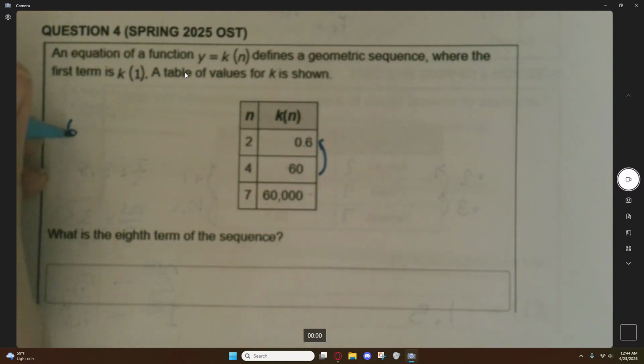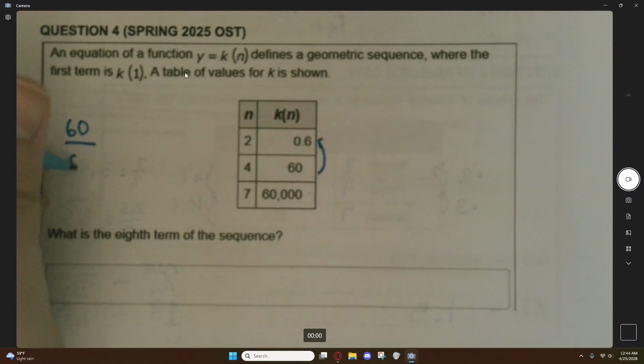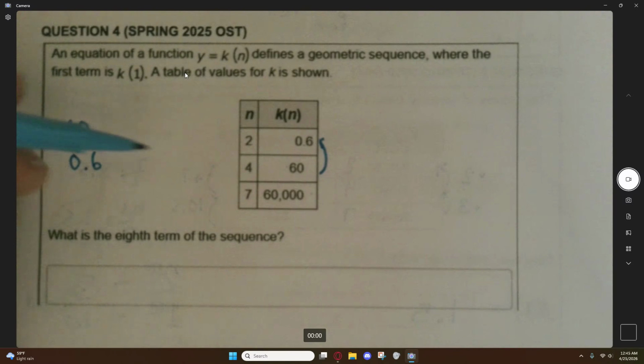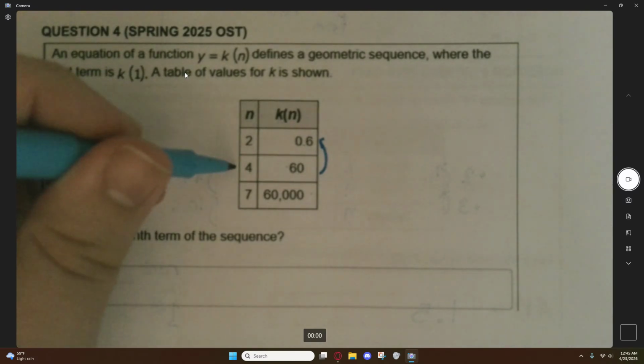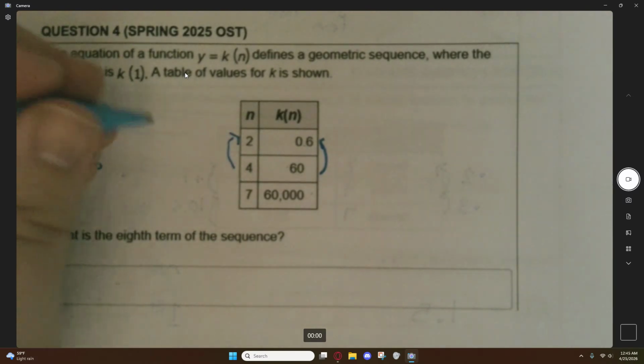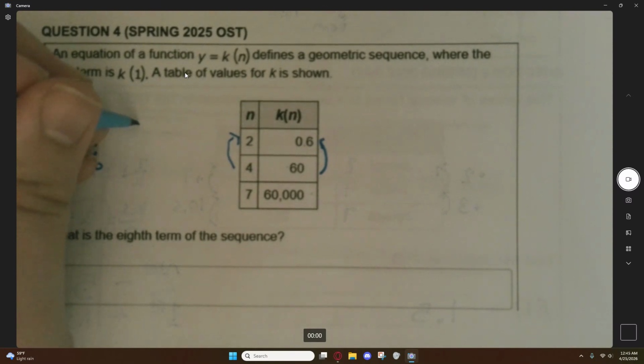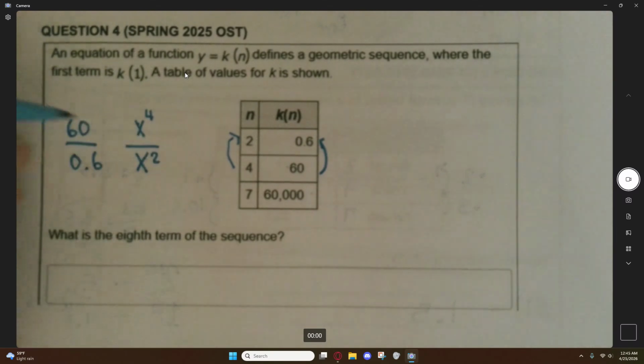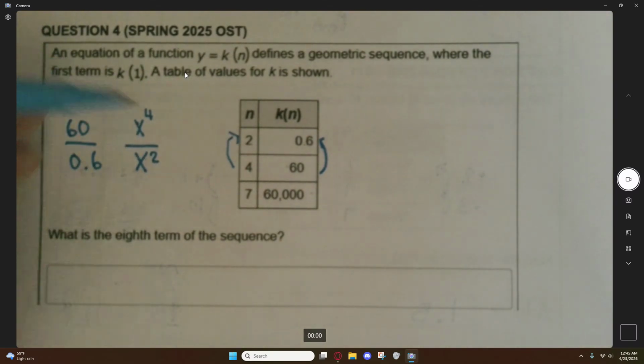You would have to pick two things, right? You would have to do 60 divided by 0.6. That would determine your y's, right? And then you would also have to do x to the 4 divided by x to the 2.